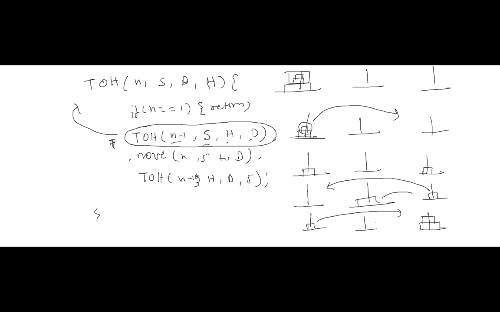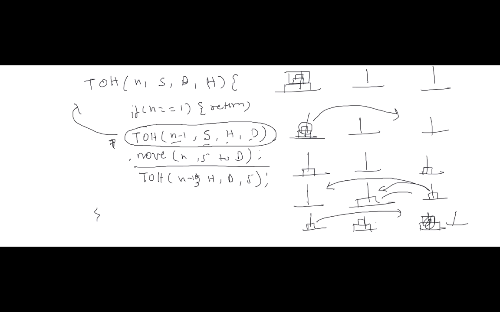Sorry, I need to push this here. So basically this and this would be empty. Now I just need to move the bigger one. After this, I just move to this. This operation is done. Now I can move this bigger one.